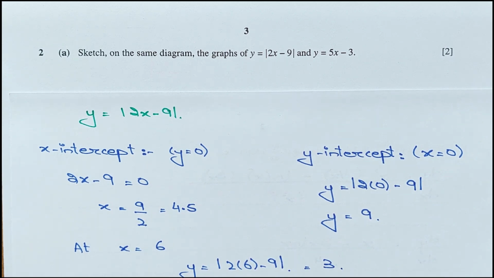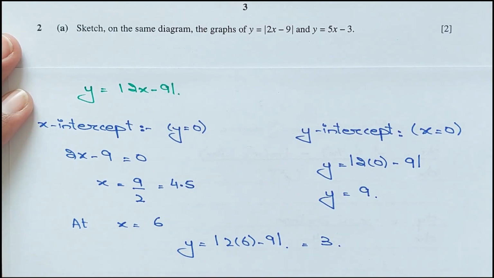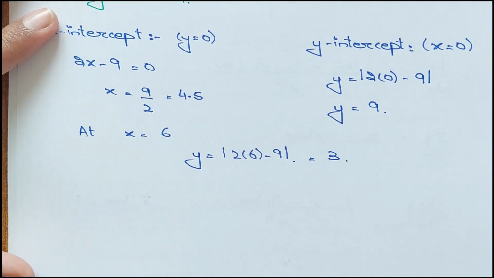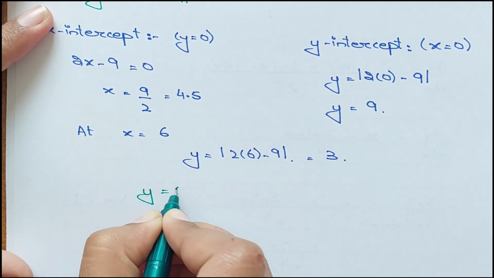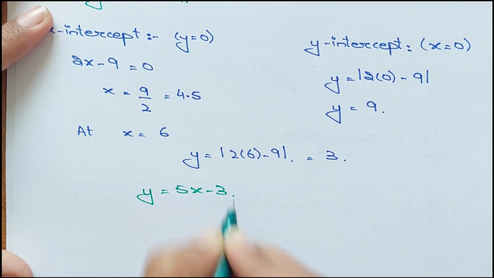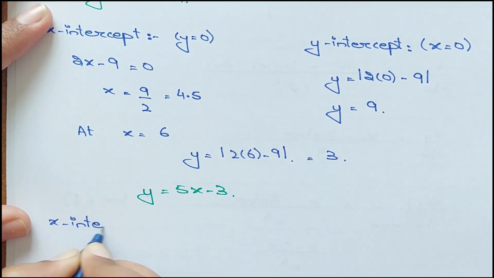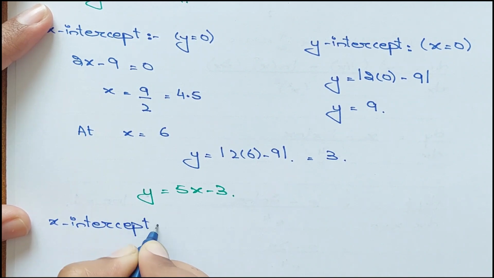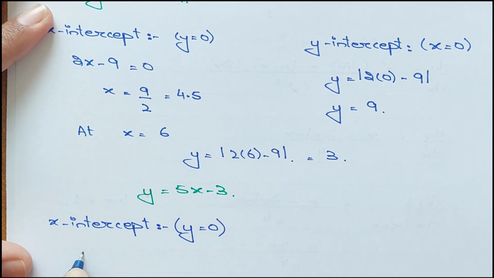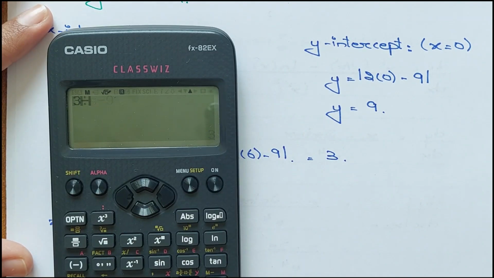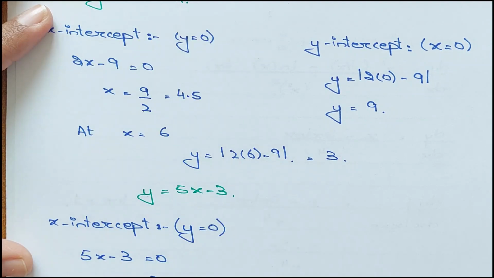Now let's do the second function, the linear function y equals 5x minus 3, and solve for the x- and y-intercepts. For the x-intercept, y equals 0, so 5x minus 3 equals 0, so x is 3 by 5, which is 0.6.